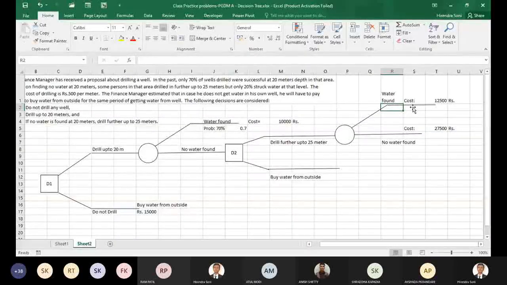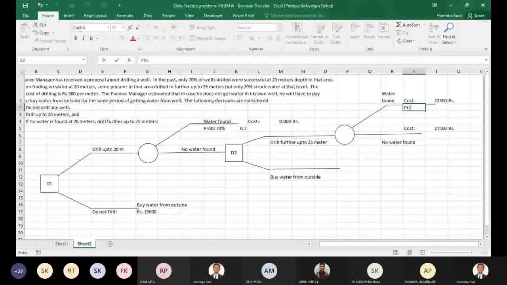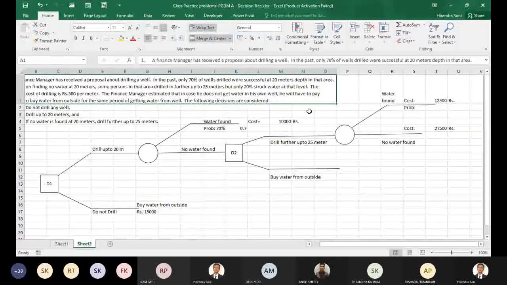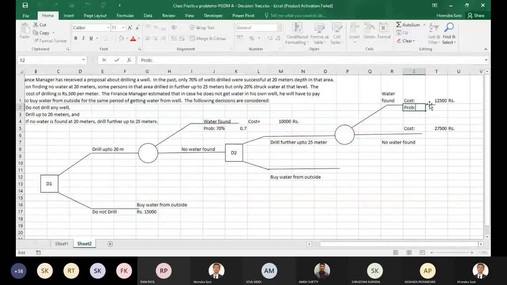Here the probability is given as, but only 20% struck water. So that means here the probability would be 20%.